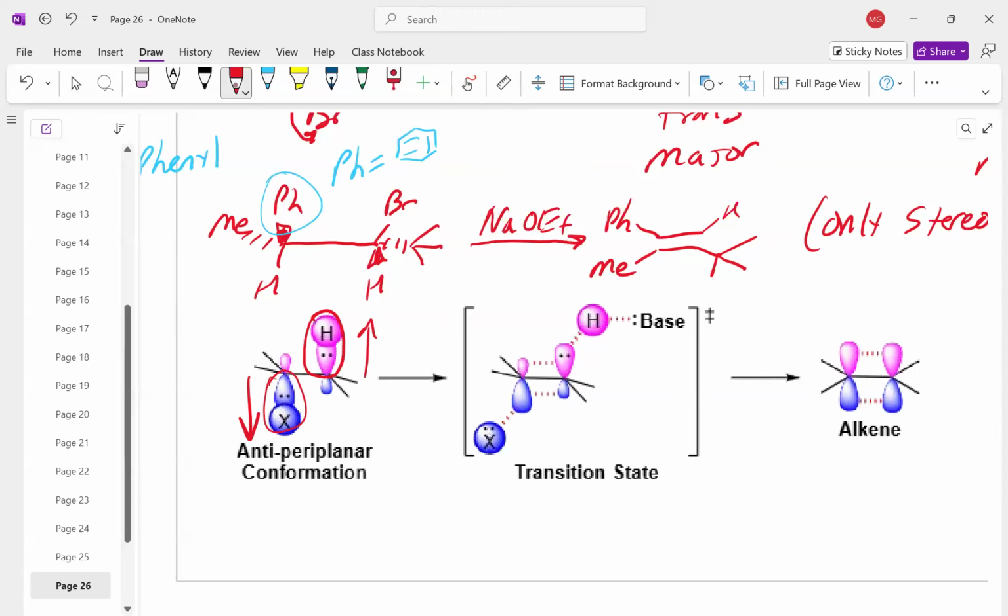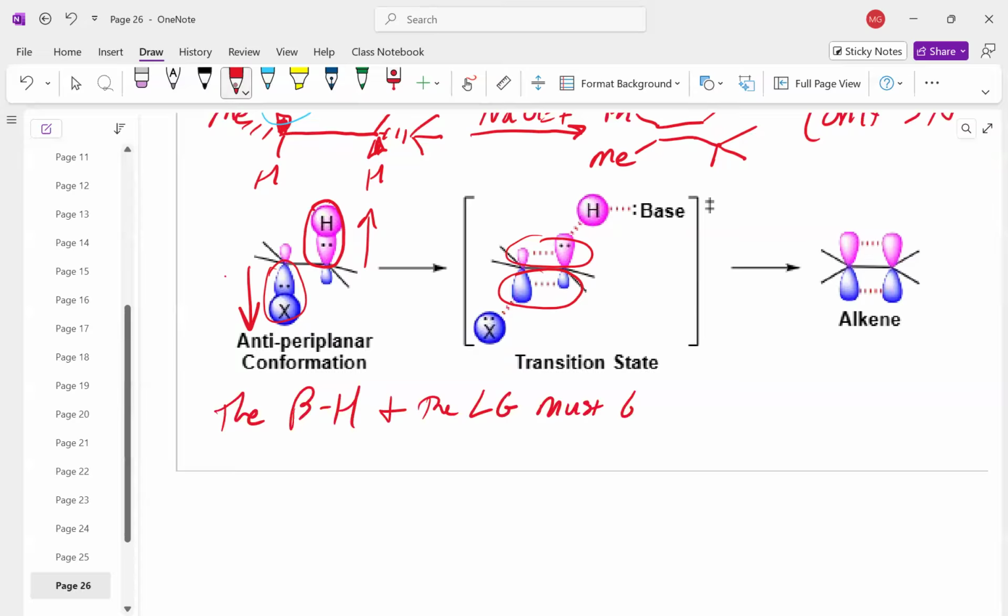So the ideal situation is to have the hydrogen and the bromine going in opposite directions. So the beta hydrogen that you're intending to pull off and the leaving group must be anti-periplanar.